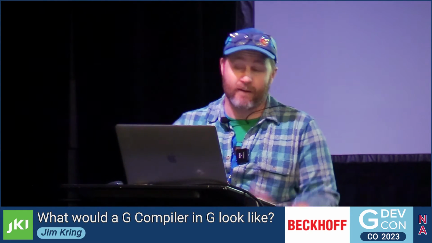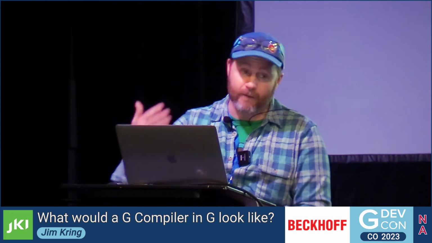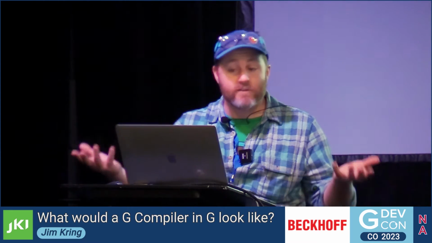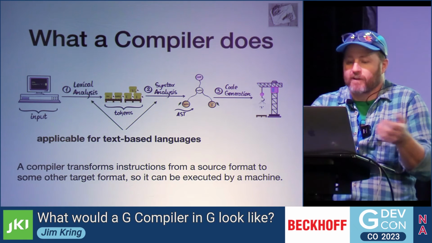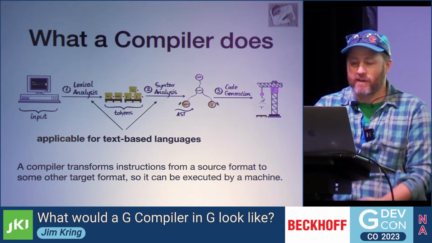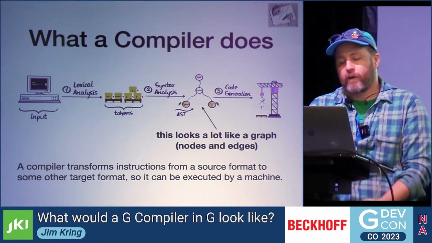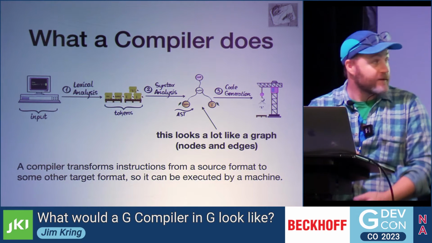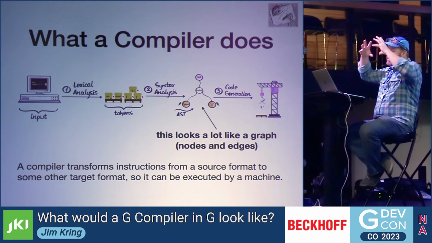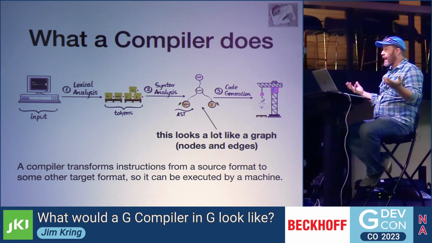It's stored in a binary format, and when you load it, the scripting API gives you access to all of the objects, just like you would in AST. So the point I like to make is that abstract syntax tree looks a lot like a graph.